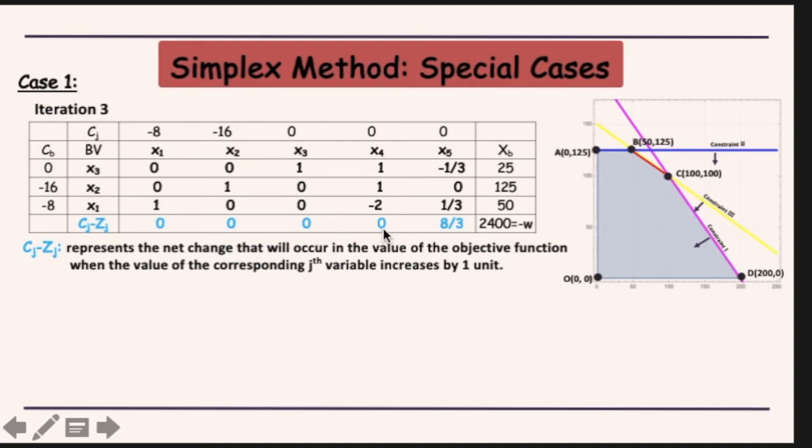So a 0 for Cj minus Zj indicates that there will be no change in the value of the objective function, and therefore since this is the optimal value of the objective function, there will be no change in this, which means we will get another optimal solution by replacing this variable or increasing this variable by 1 unit. So let us see what happens if we try to make x4 as a basic variable in the next iteration. So I'll show you the table corresponding to the next iteration.